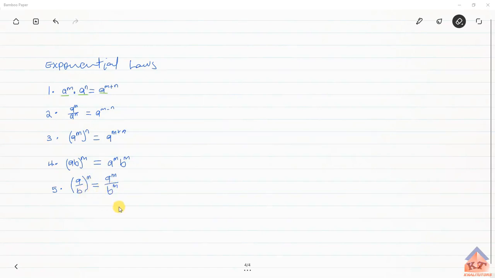In this case, the exponent of a is 1 and the exponent of b is 1. Therefore, you'll have a to the power m over b to the power m.